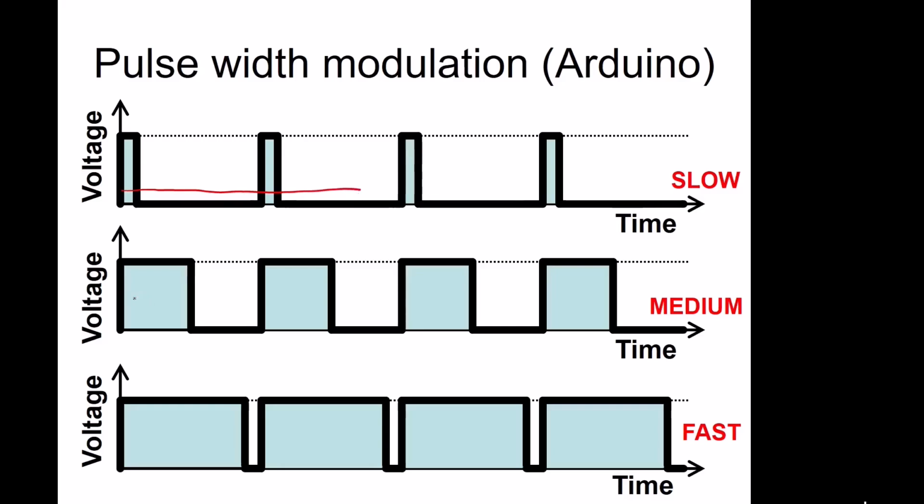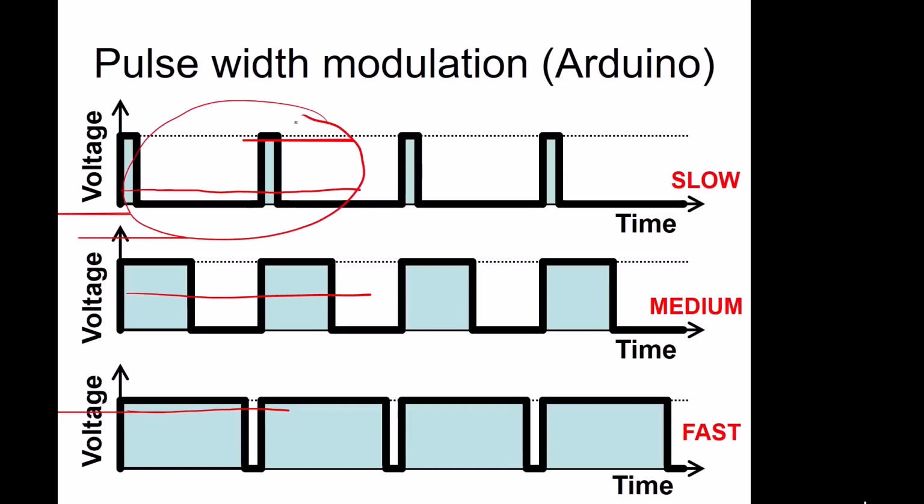When it's a 50% duty cycle, the average level or the DC level is going to be at the halfway value, and when it's mostly on, it's going to be high. So by switching a digital signal on and off with whatever duty cycle is appropriate, you can get an equivalent analog signal out, provided the switching is fast compared to the response of the system.